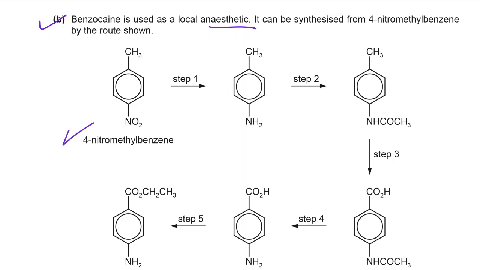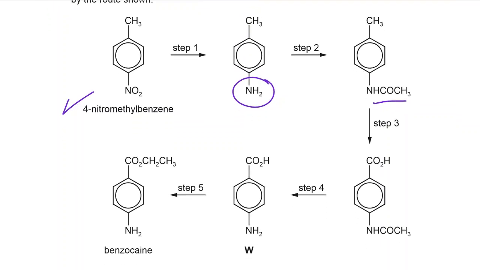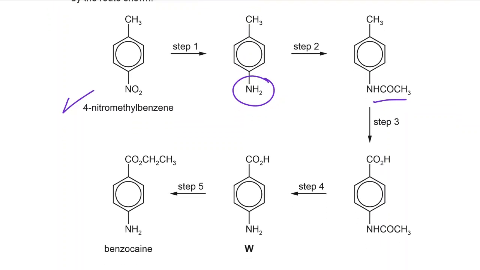Okay, so nitro first of all is reduced into amino group, and this amino group is substituted, that means one of the hydrogens is replaced with an acyl group, acylation, and then in the next reaction, step 3, this methyl group is converted into carboxylic acid.